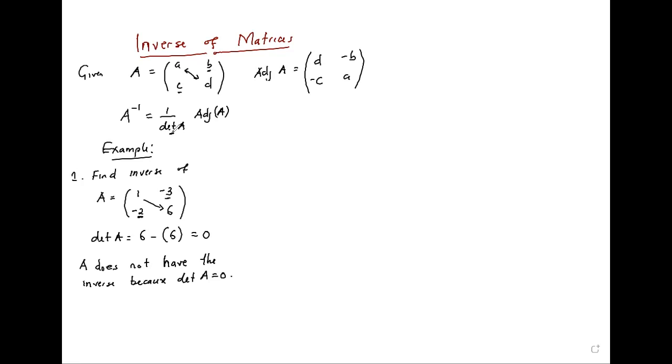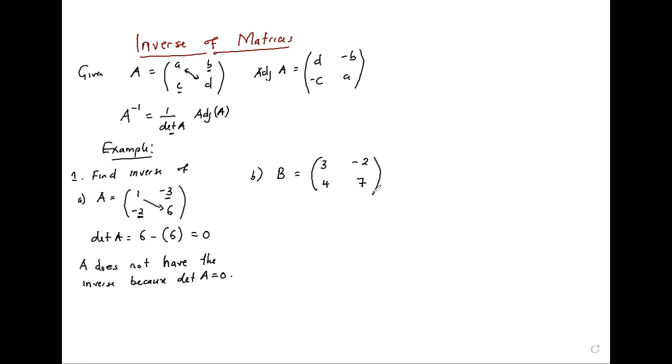Okay. So this was A, and then B. Let's say the matrix B is equal to [3, -2; 4, 7].